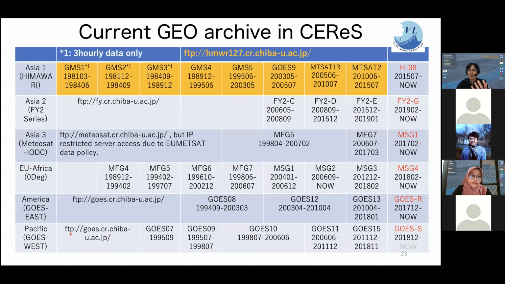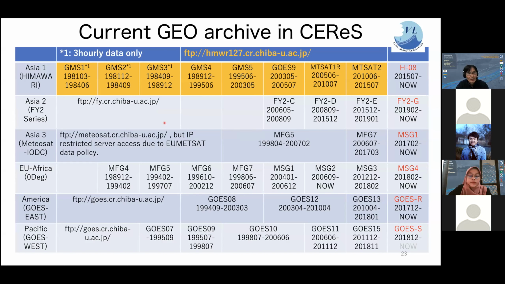We can also get that data, and we also release data. If you want to use the data, please contact us. And this is like this. So, okay, let's move on to the main topic.